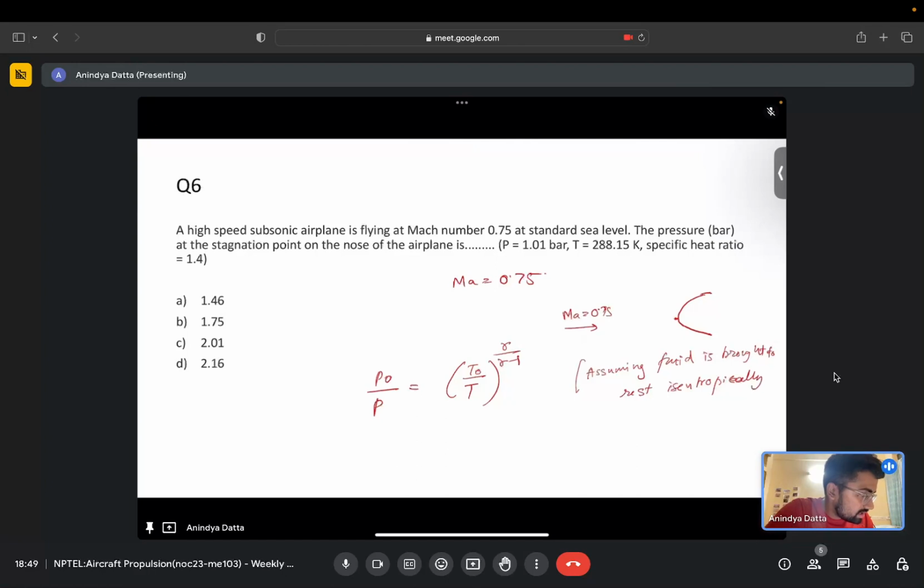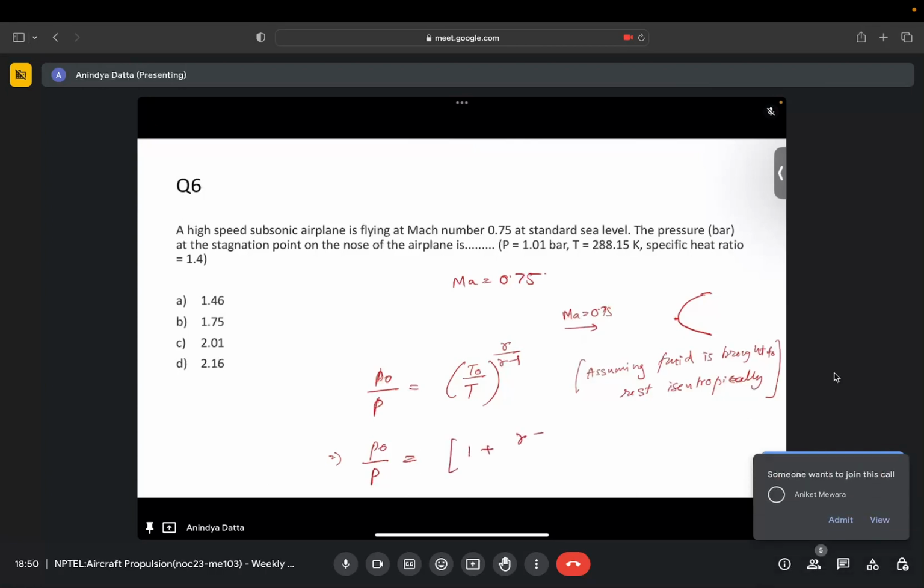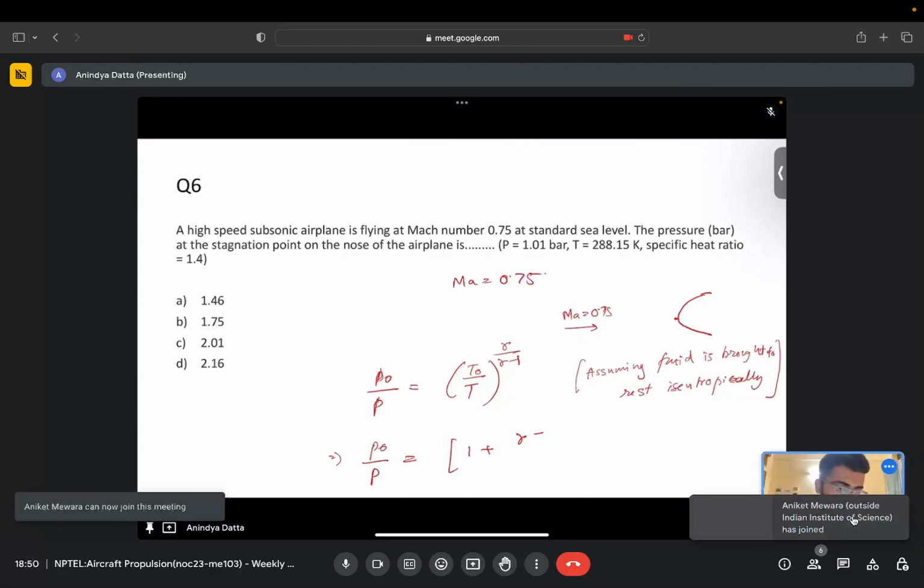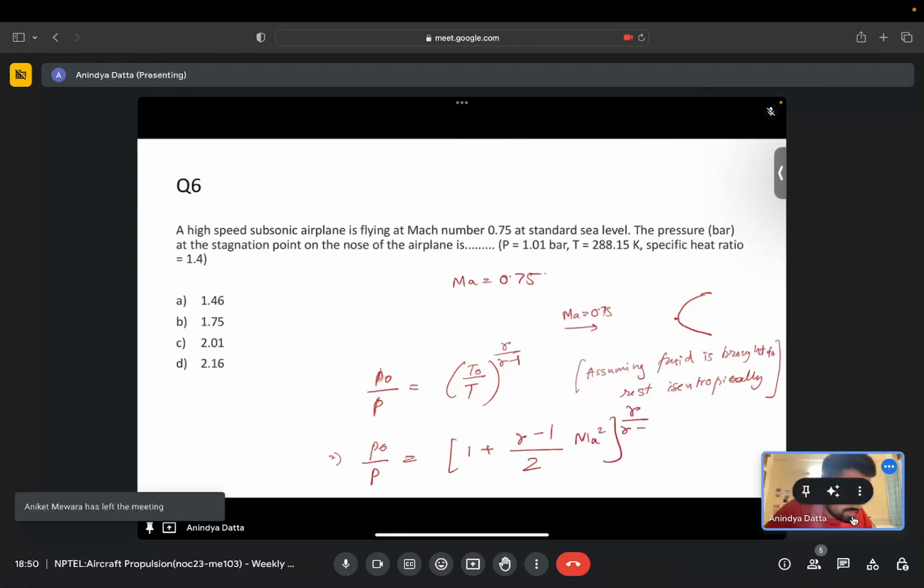If we assume that, then we can invoke this relation for stagnation pressure. So P0 by P is equal to T0 by T, as we formulated in the previous question: 1 plus gamma minus 1 by 2 Mach number squared, whole to the power gamma by gamma minus 1.